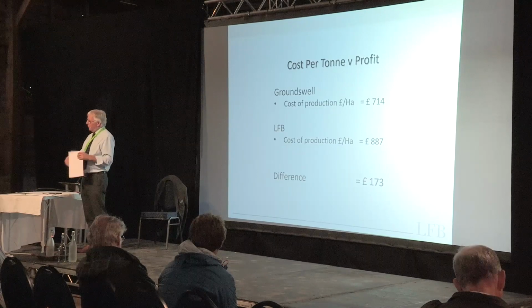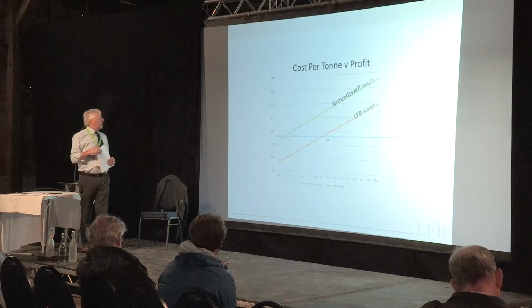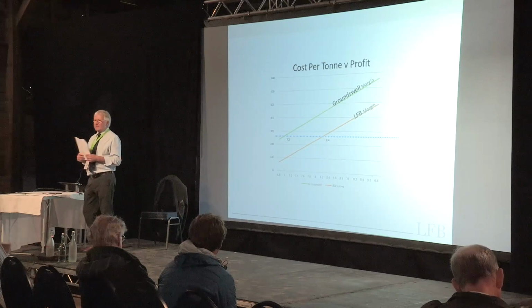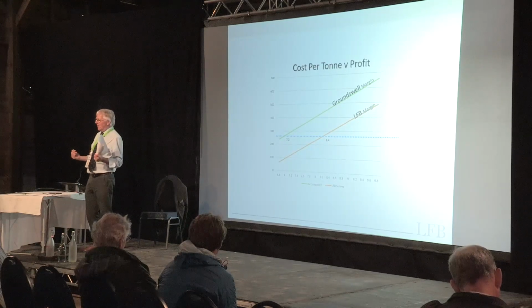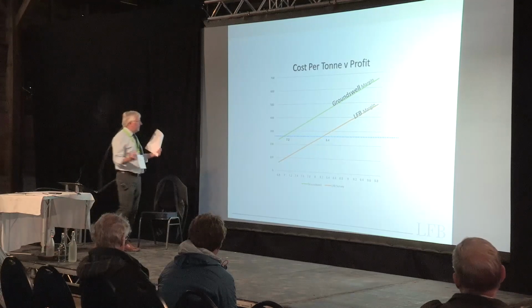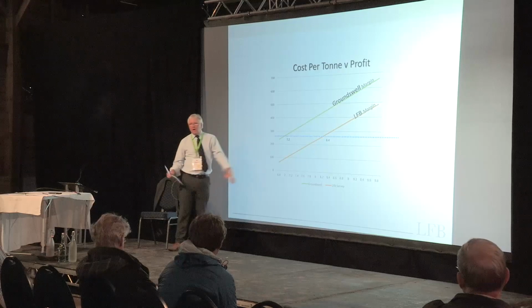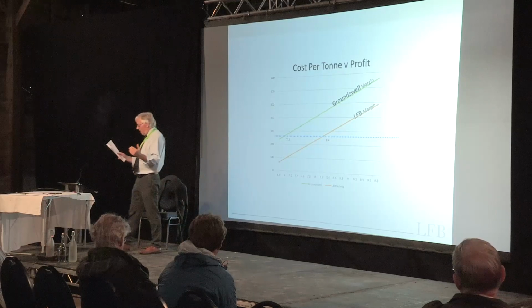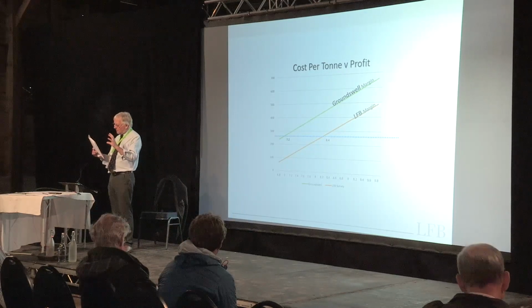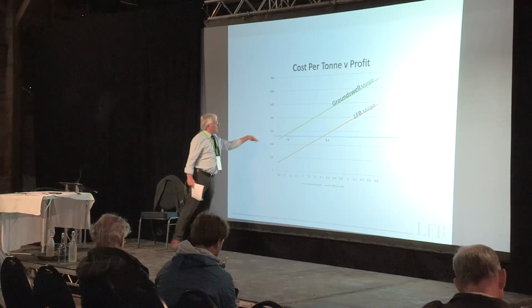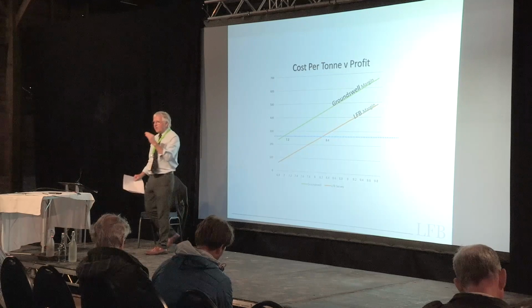So if we move on to the graph. What I'm trying to show here is that the blue line is a margin of about just under £300 per hectare. £300 per hectare margin there.